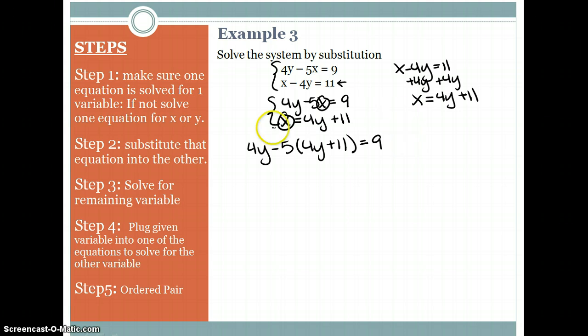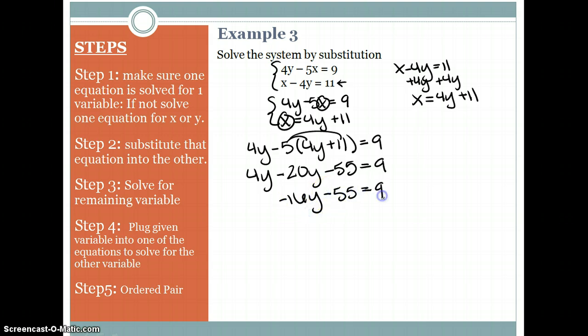From here, we need to get rid of the parentheses. To remove the parentheses, you must distribute into them. That's going to give us 4y minus 20y minus 55 is equal to 9. The next step is to combine like terms. So 4 minus 20 is negative 16y minus 55 is equal to 9.